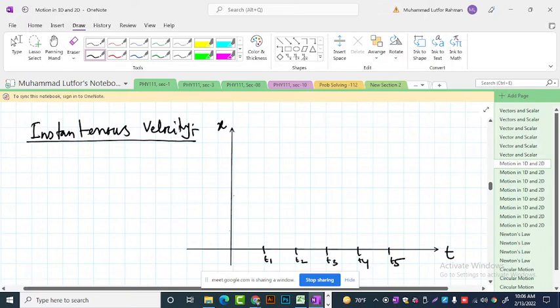All right, say I draw that one. It should be t3. Say I draw that one in that way.